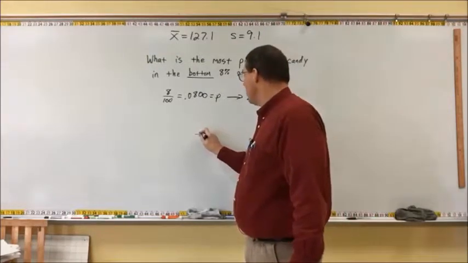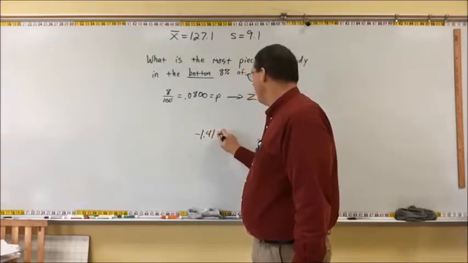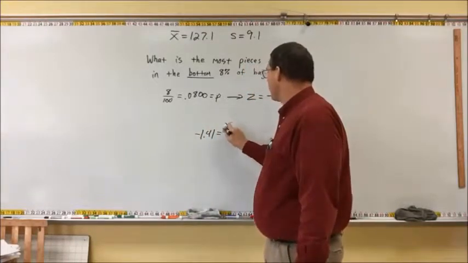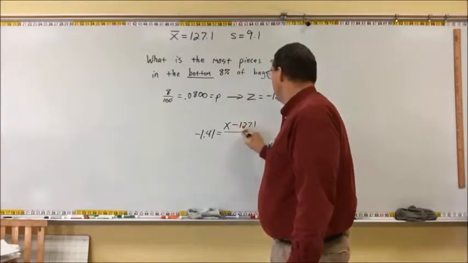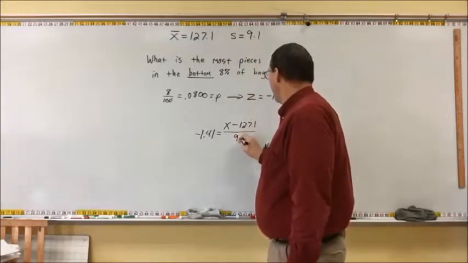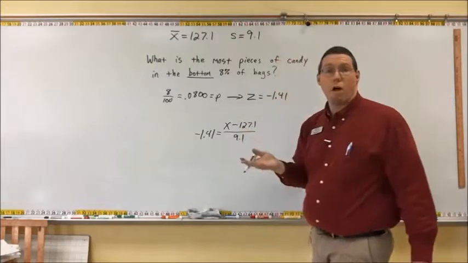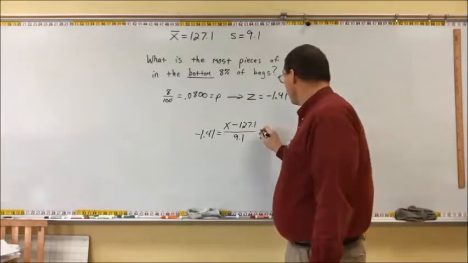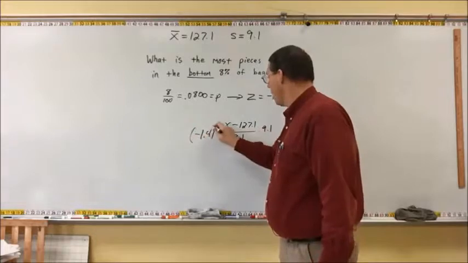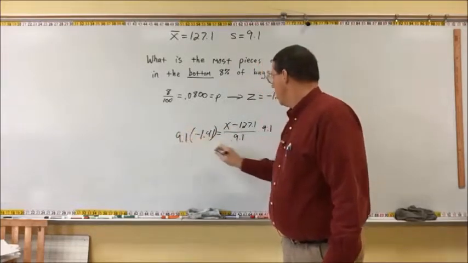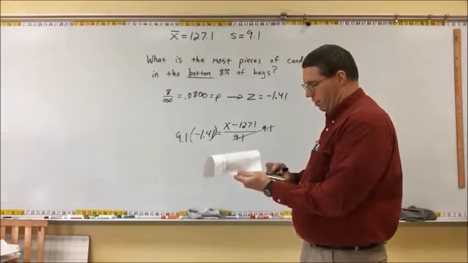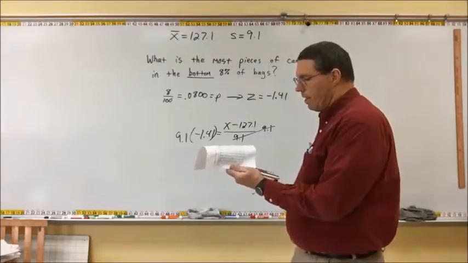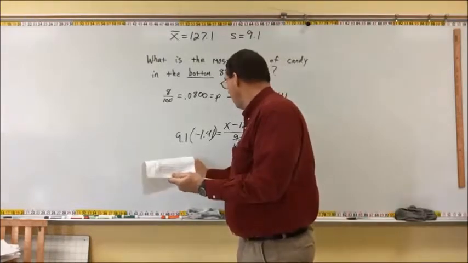Okay? Now, we're going to take that z-score and we're going to put it in the z-score formula. So we're going to have z, negative 1.41, is equal to x minus the mean, 127.1, divided by the standard deviation, 9.1. And now we're going to solve algebraically. We're going to multiply by 9.1 on both sides. Cancel here. And over there, negative 1.41 times 9.1 gives me negative 12.831.